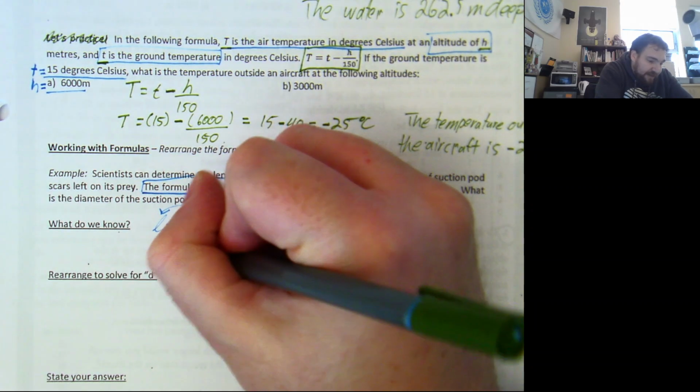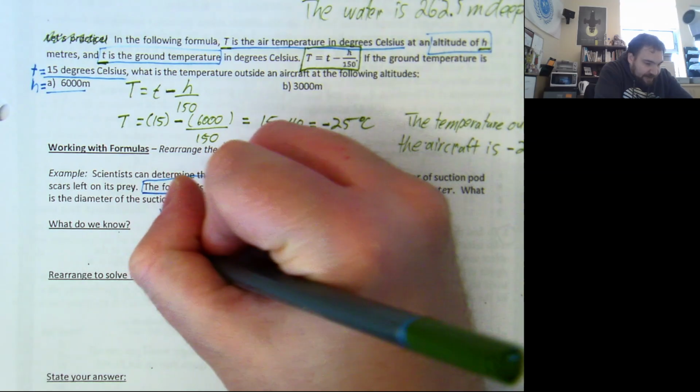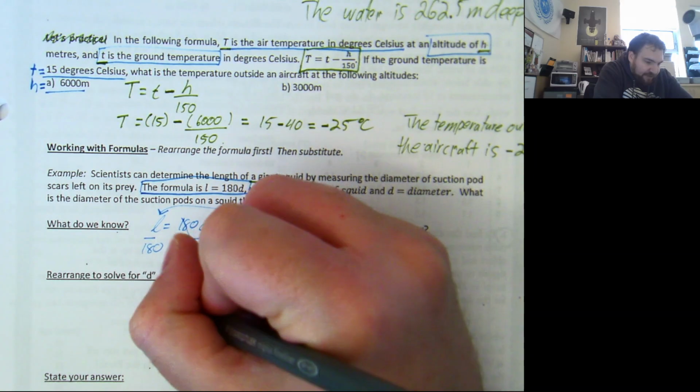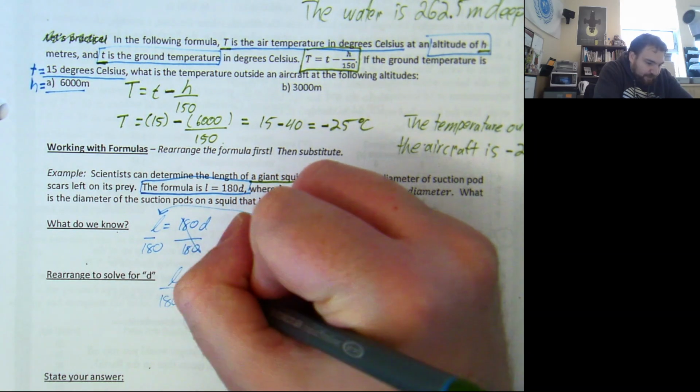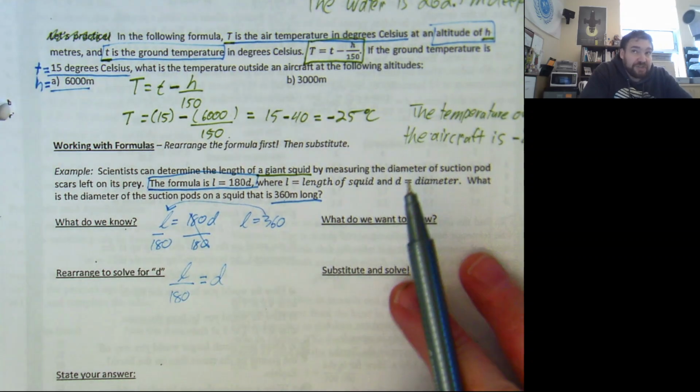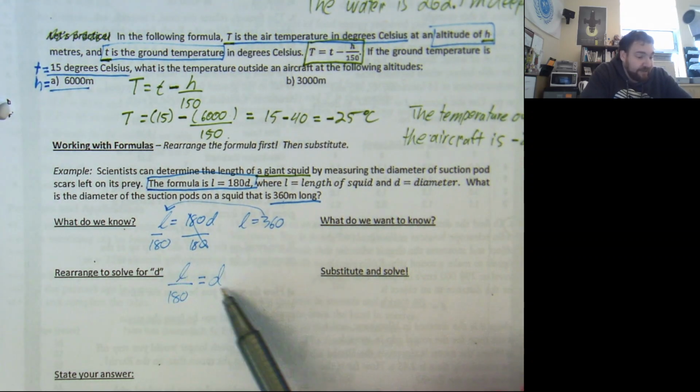Okay, I'm going to divide by 180, divide by 180, and we're going to get L divided by 180 equals D. That's one way we can do this. We can start by isolating for the thing that we're looking for.